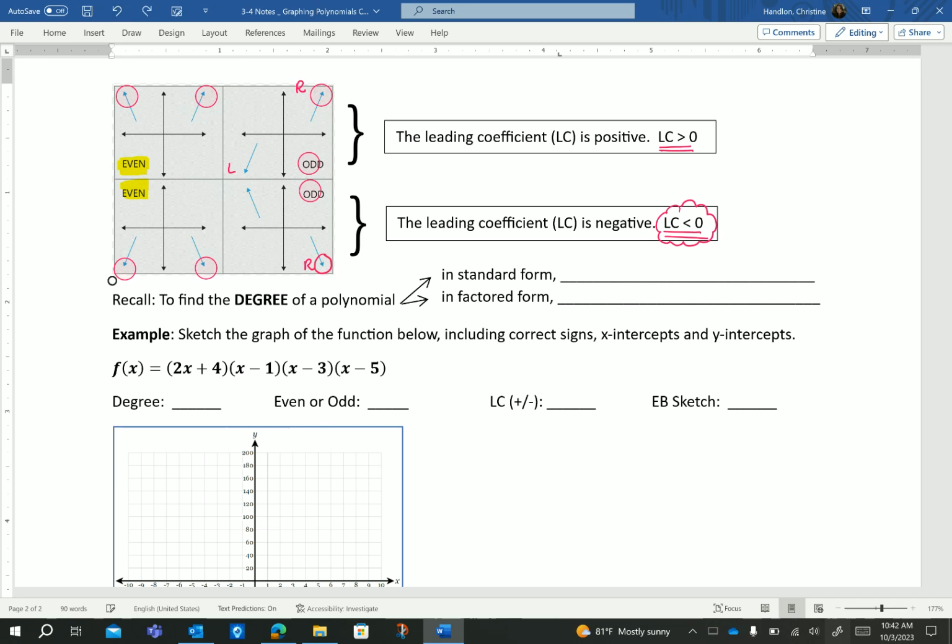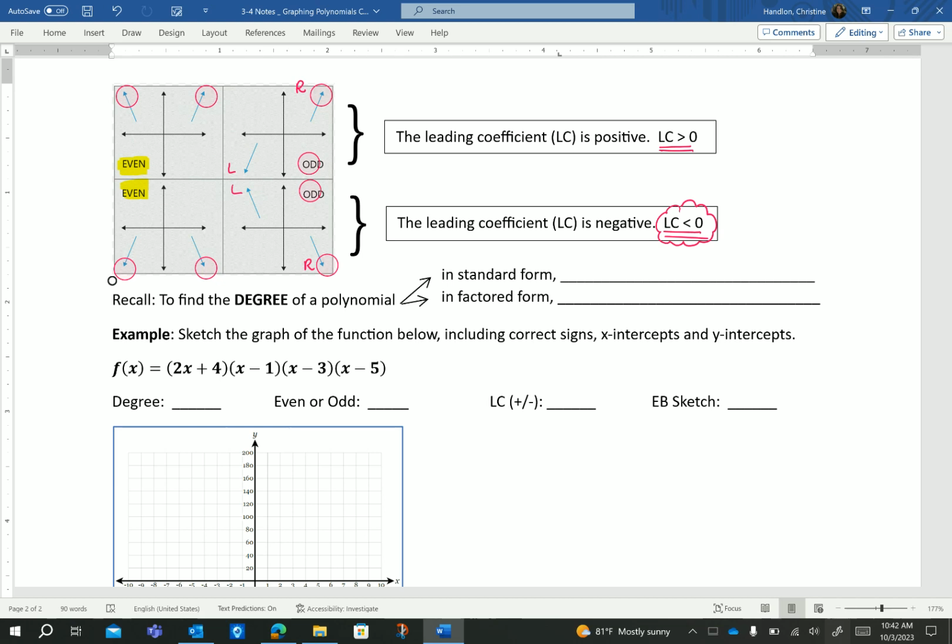Therefore, the left-handed arrow has to do the opposite. This is the left arrow. So positive leading coefficient, point up. Negative leading coefficient, point down. If it's an even function, both are pointing up or both are pointing down.